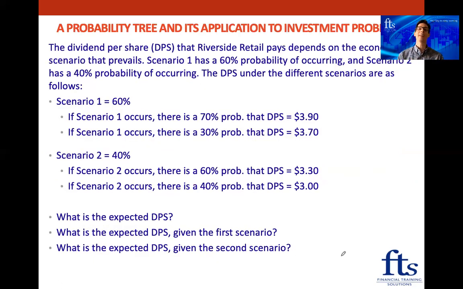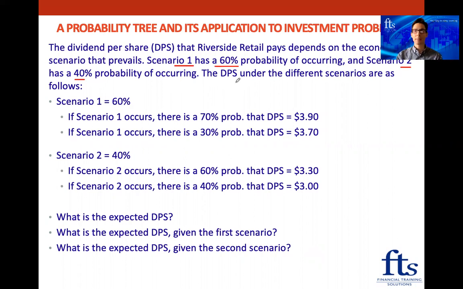Right, so now here comes the probability tree and its application to investment problems. This is something that's quite a bit of fun. So let's have a look at what we've got here. The dividends per share that Riverside Retail pays depend on the economic scenario that prevails. Scenario 1 has a 60% chance of occurring, and scenario 2 has a 40% chance of occurring.